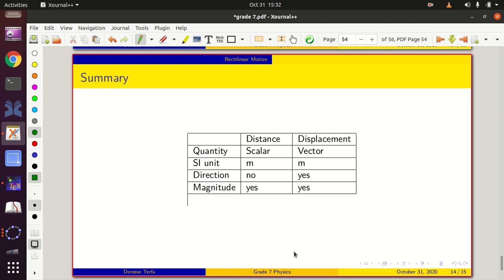Both distance and displacement have magnitude. And distance is dependent on the path it follows.